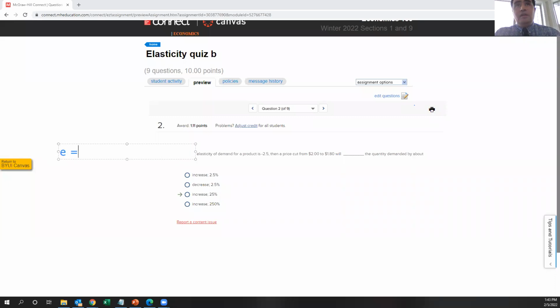If E equals %ΔQ over %ΔP, and we have negative 2.5 is equal to $2 to $1.80. So that's a 20-cent decrease, a negative 0.2, that's a difference, divided by 2, that's a negative 0.1. So it's a 10% change.